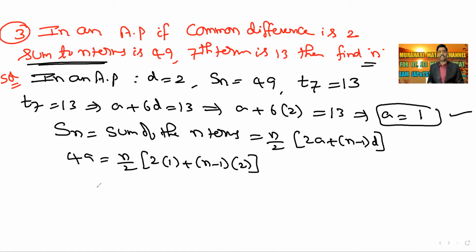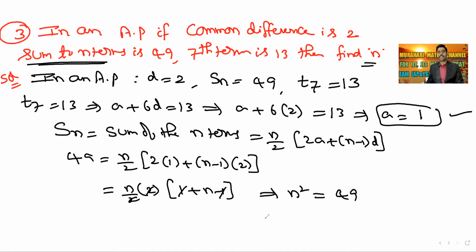Taking 2 common, n by 2 times 2 times 1 plus n minus 1. So 2 gets cancelled as well as 1 cancels. So n square is equal to 49. Therefore, n equals 7. So what is the answer? 7.